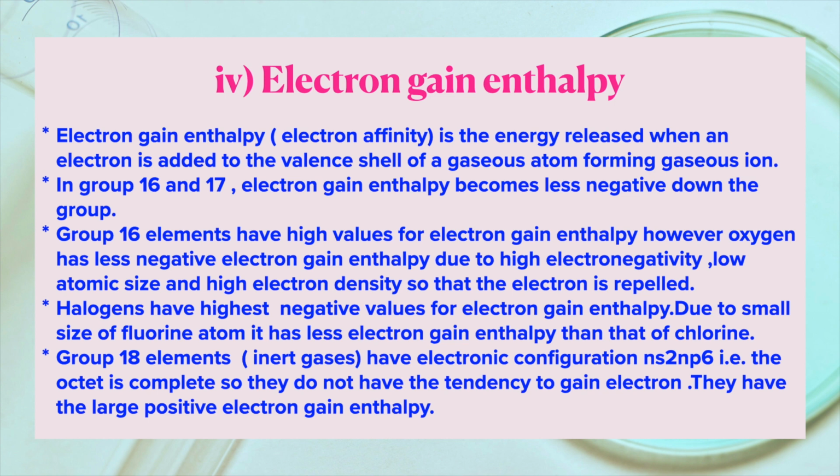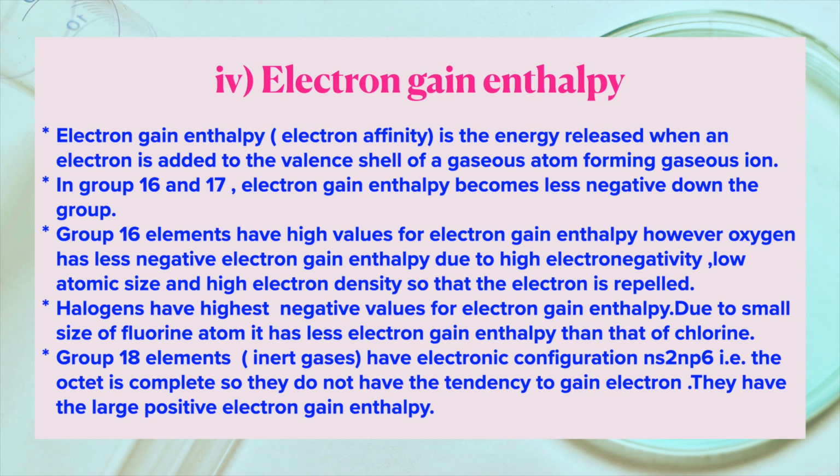Now here in groups 16 and 17, electron gain enthalpy becomes less negative down the group. Electron gain enthalpy is negative and it becomes less negative because of the tendency of the atom to gain an electron.